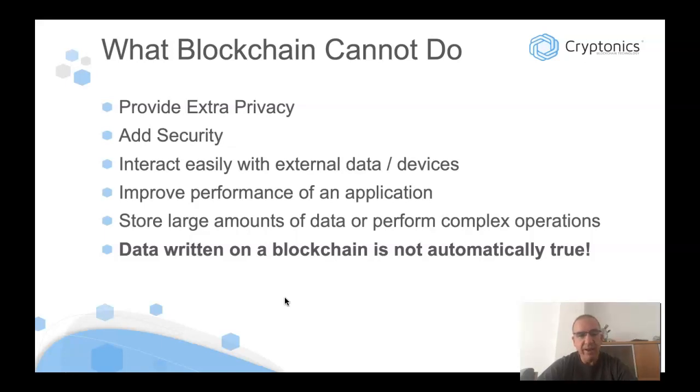And then this final point here, I think that's very important, and a lot of projects seem to completely misunderstand this. Just because data is written on a blockchain does not make it true, right?